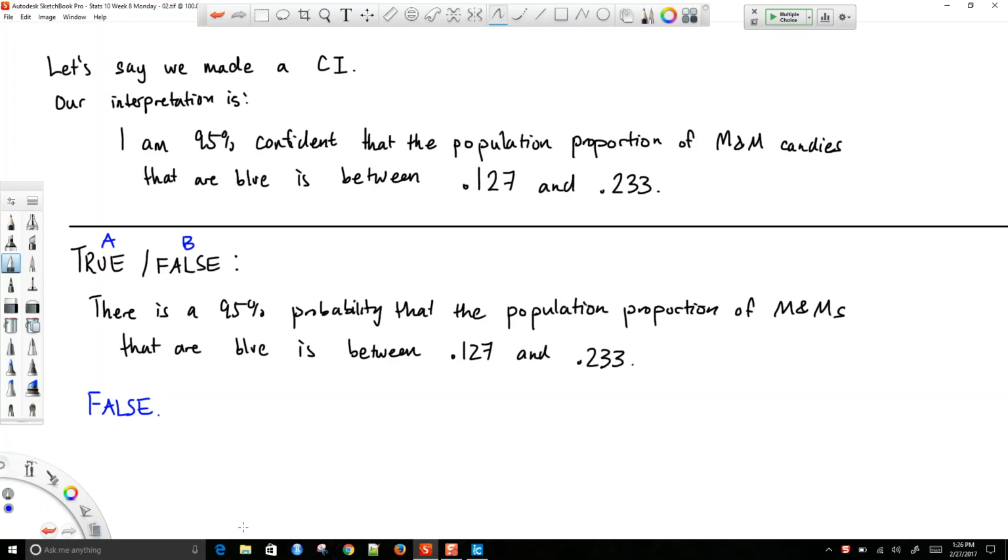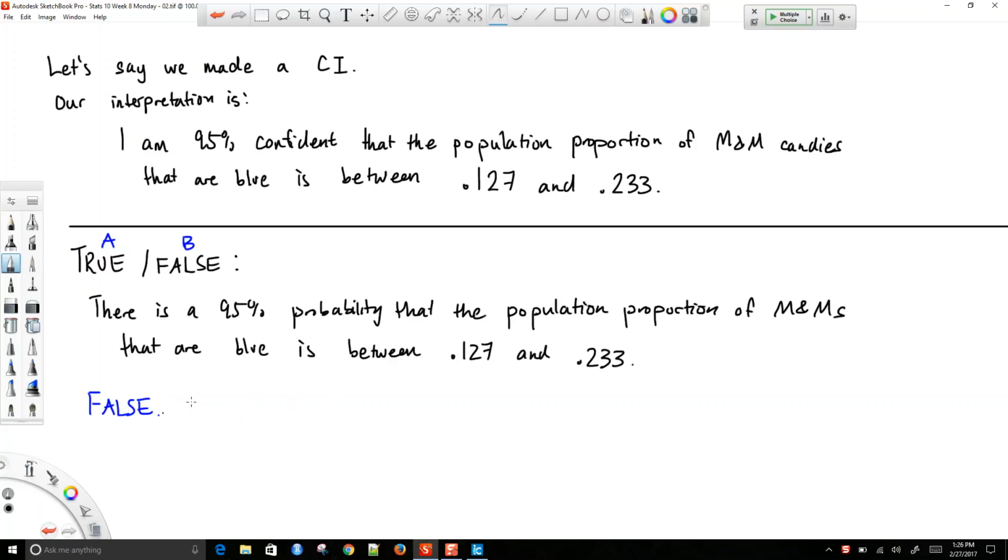We don't know exactly what it is, but there's no uncertainty in it. If we could freeze time right now and count all of the M&Ms in the world, and all of them that are blue, we could get an exact proportion of blue M&Ms in the population.